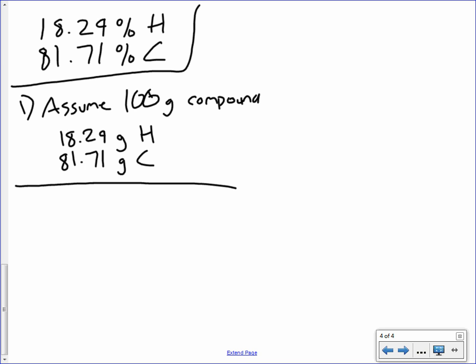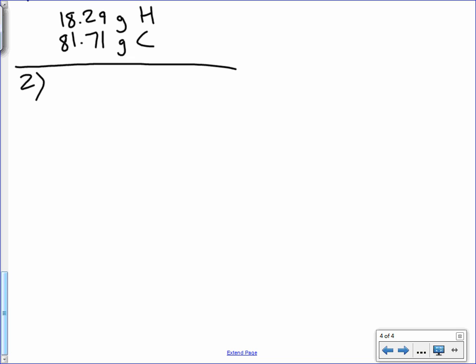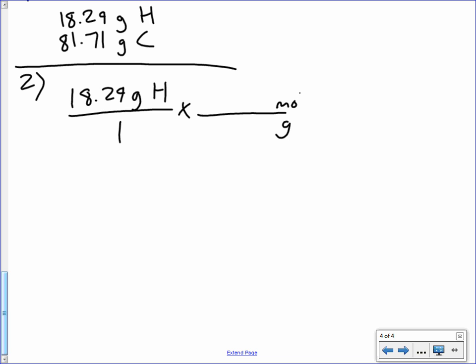Okay, so step 2, we'll do what we did before. This was step 1 in the last problem, converting grams to moles. So we have 18.29 grams of hydrogen, converting grams to moles, 1.01 grams of hydrogen in 1 mole, means that we have a lot. We actually have 18.1 moles of hydrogen.